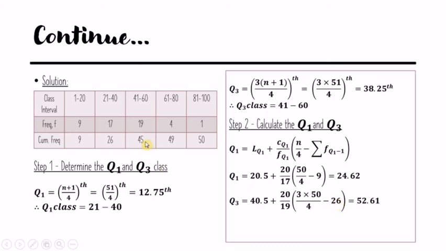Because our Q3 class is here, the cumulative frequency before it is 26. So that's why we minus 26. It equals 52.61, so our Q3 is 52.61. Our Q1 is 24.62. The interquartile range, Q3 minus Q1, is 27.99.